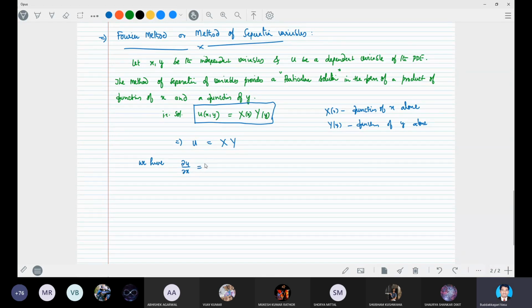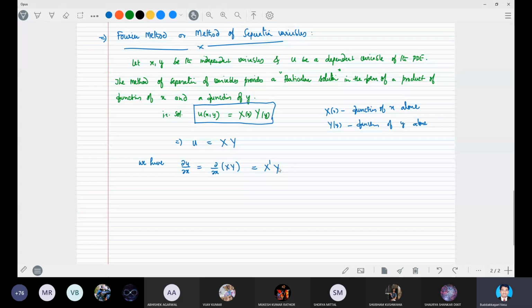Dou u by dou x is equal to dou by dou x of capital X into Y. Because capital X is a function of x alone and capital Y is a function of y alone, while differentiating with respect to x alone, capital Y will be a constant, as it is, and X will be a function of x alone. So its ordinary derivative, we can write it as X prime or X dash.